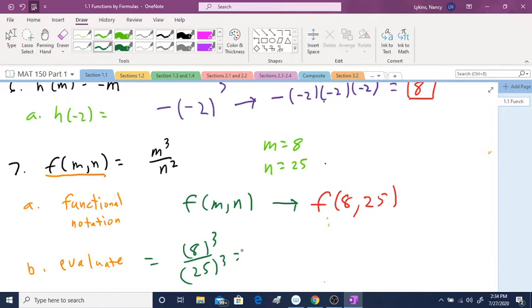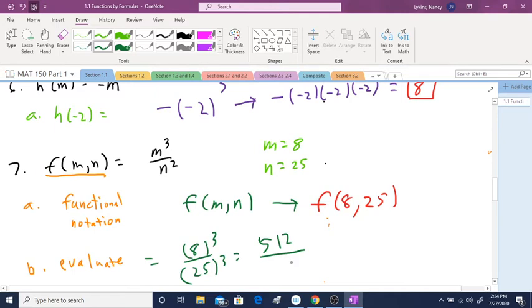Okay. Now, I know this is going to be kind of a big number, so you want to put this in. 8 to the third power, that's like saying 8 times 8 times 8, which gives you a grand total of, let me put it right here, 512 over, and then you want to do 25 to the third power.